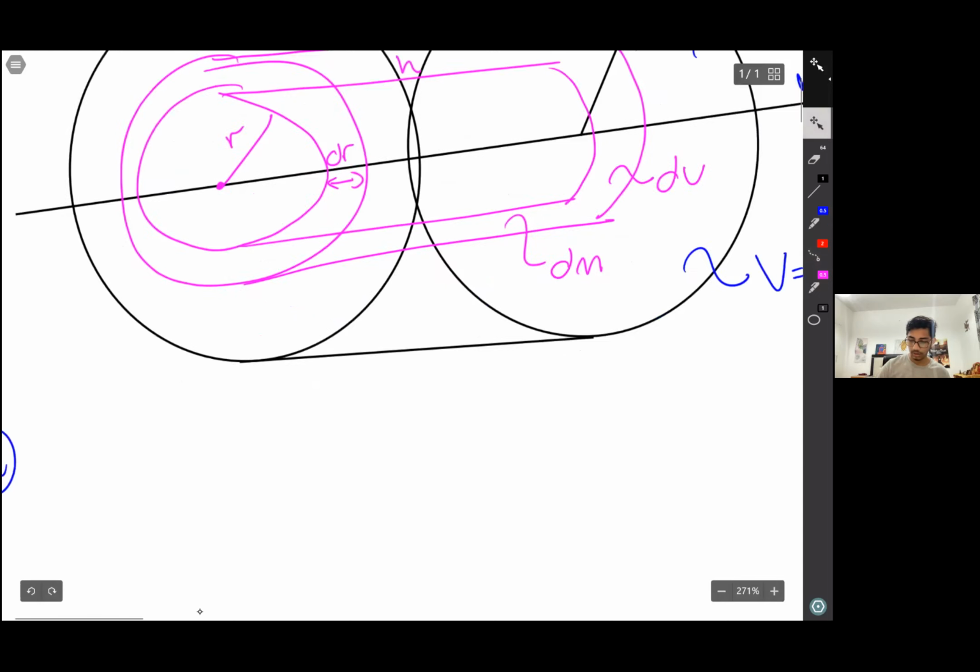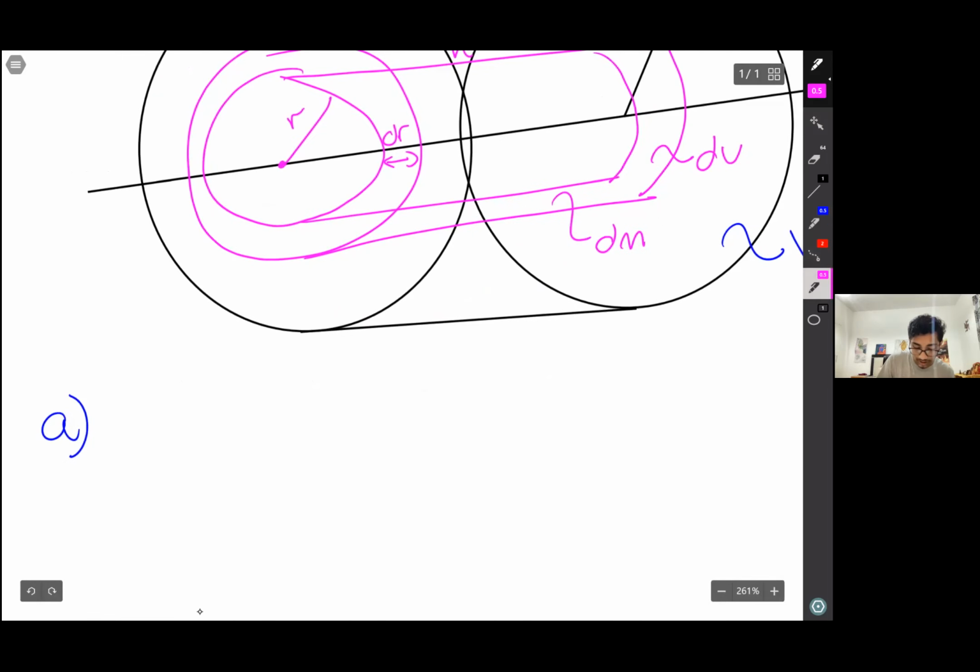Okay, so the volume of this, which we'll call dV, will equal the volume of the outer cylinder, which is pi times the height times the radius squared, which is (r plus dr) whole squared, minus pi h r squared, because that's the inner and smaller cylinder. So what is dV?